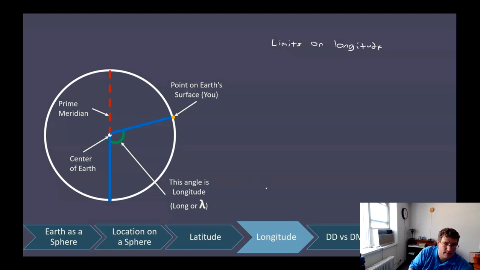So let's do what we did before, and let's assume that we start right here, where your position is the same as the line that encompasses the prime meridian. We define this value here as 0 degrees longitude.